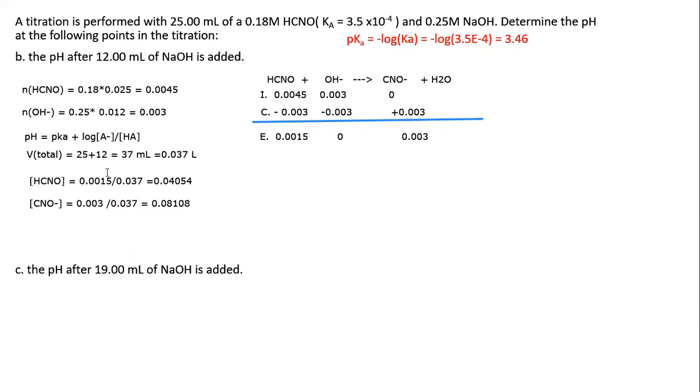So now we know the concentrations of weak acid and weak base. We know the pKa. So we can calculate the pH after we've added 12 milliliters of solution. Again, it's the concentration of weak base over the concentration of weak acid.